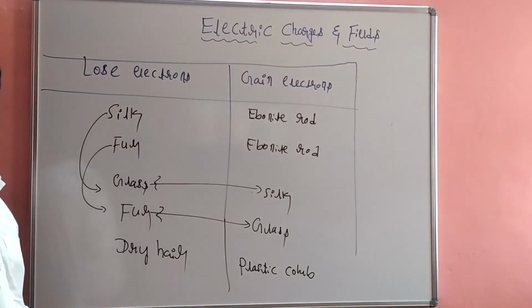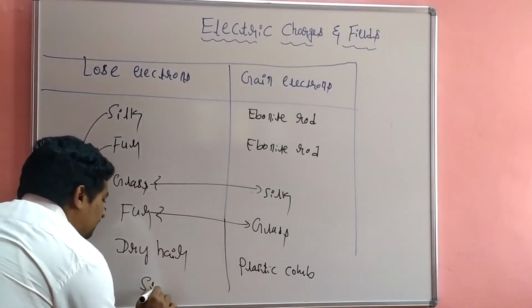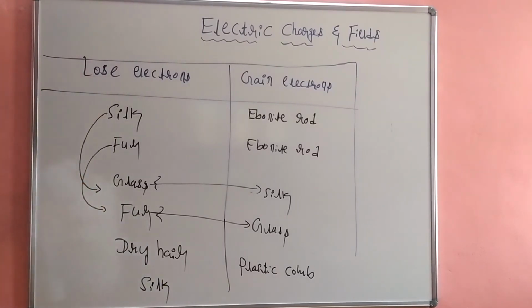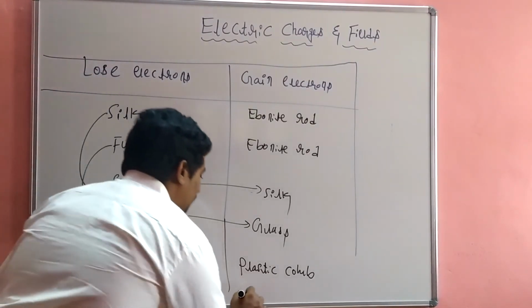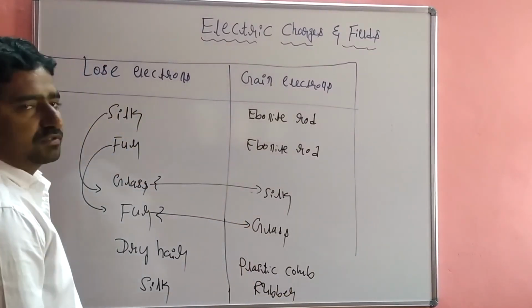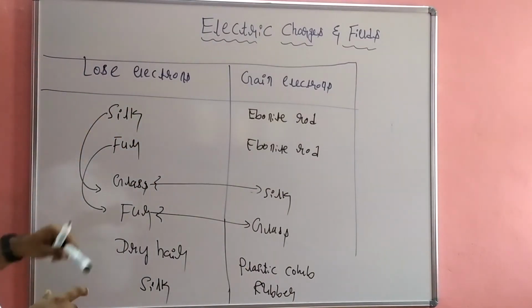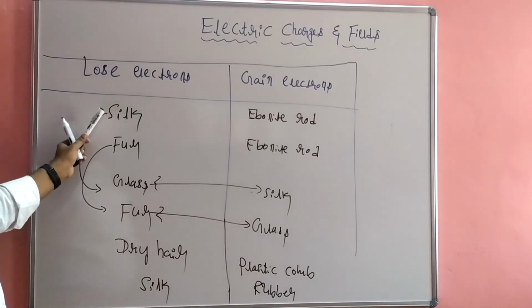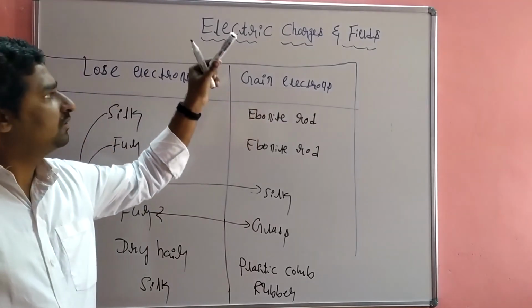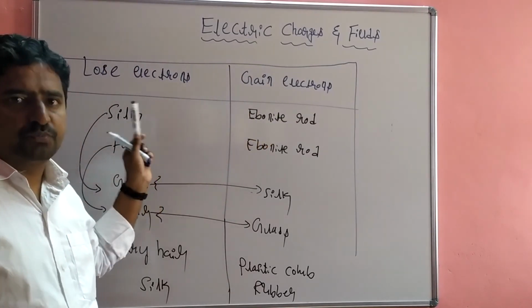When the rubber balloon is rubbed with the silk cloth, silk loses the electron and rubber gains the electrons. So this is how some substances or materials lose electrons, and some gain electrons, through interactions, rubbing or friction with each other.